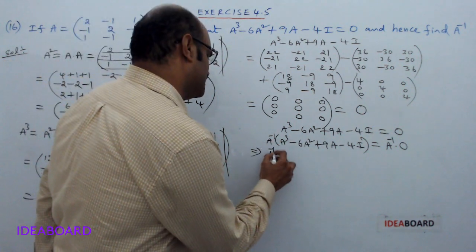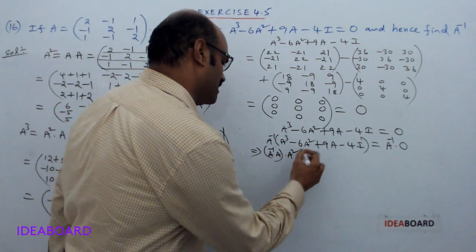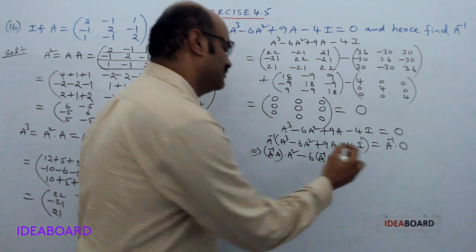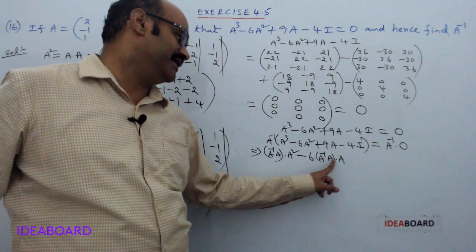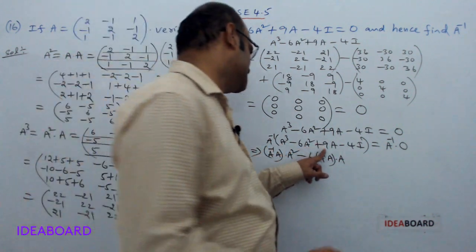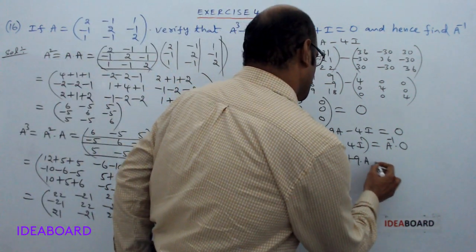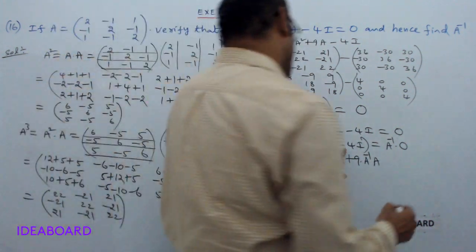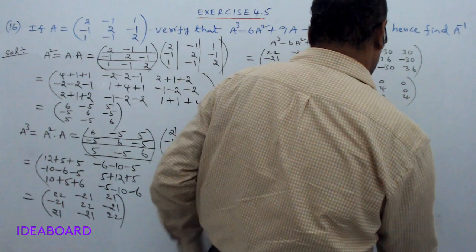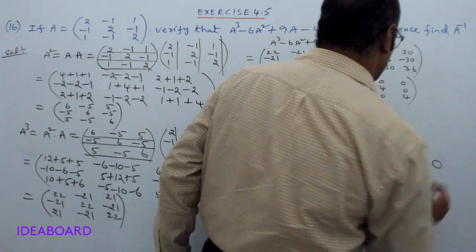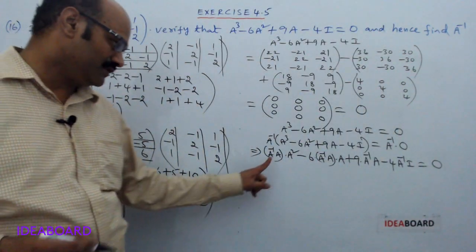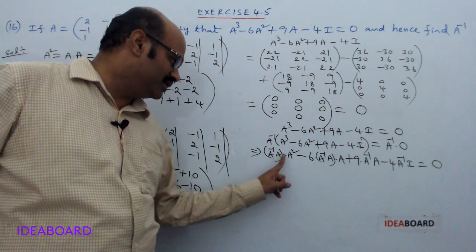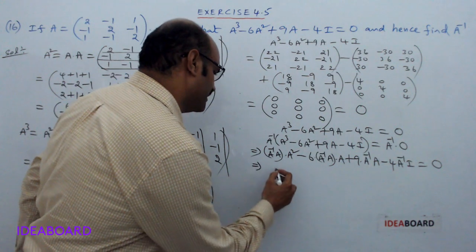So A inverse A into A square minus 6 into A inverse A into A. A square can be taken as A into A, plus 9 into A inverse into A, minus 4 A inverse into I equal to null matrix. A inverse A equal to I, so I into A square equal to A square.